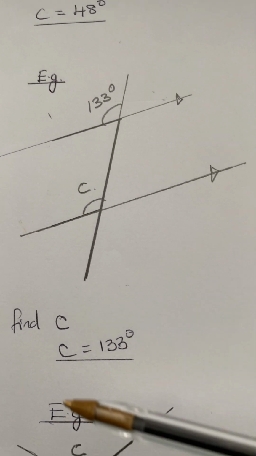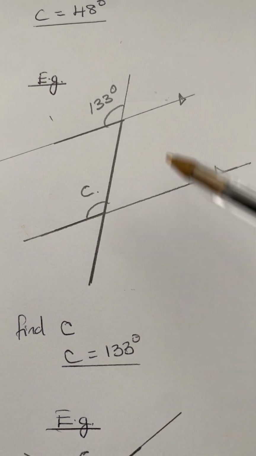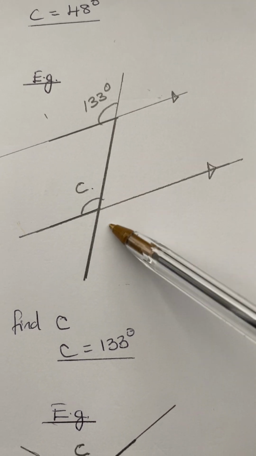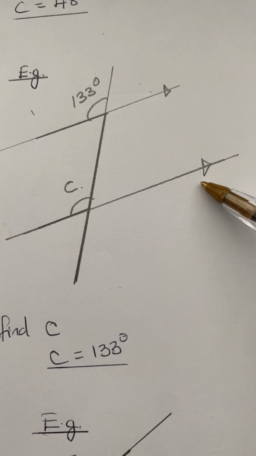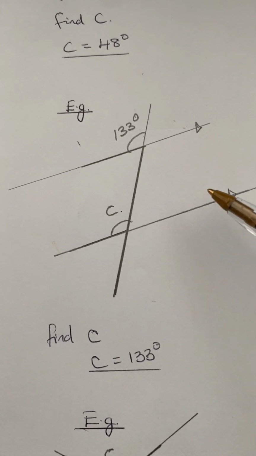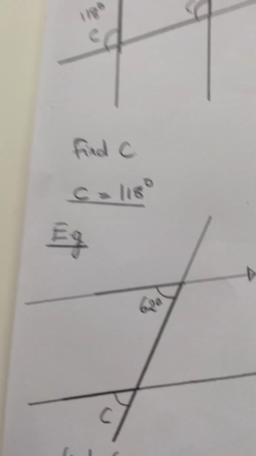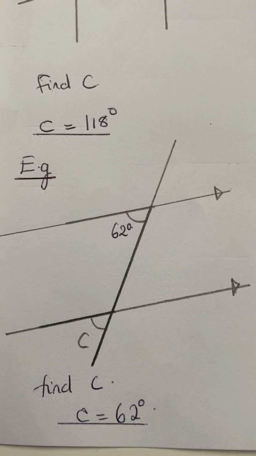So C here is 133 as long as they are parallel. So that is the next one. Now let's look at this one as well. So this is another one.